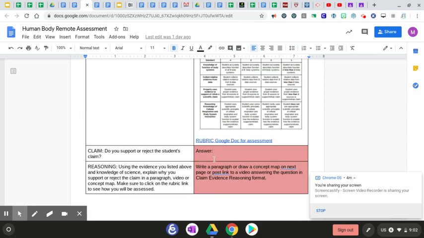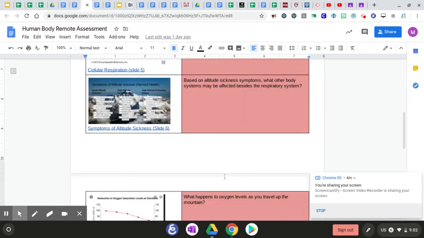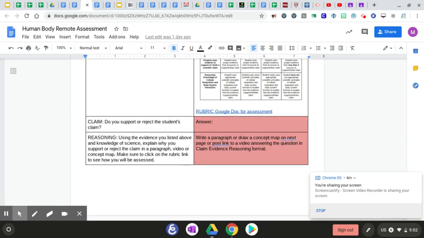So you're using the evidence that you obtained throughout this document and your reasoning to either support or reject that claim. And again, this can be done in a paragraph. You can do that on the next page before you turn it in. You can do a drawing if you like. You can do a video and talk about it and share that video with me.